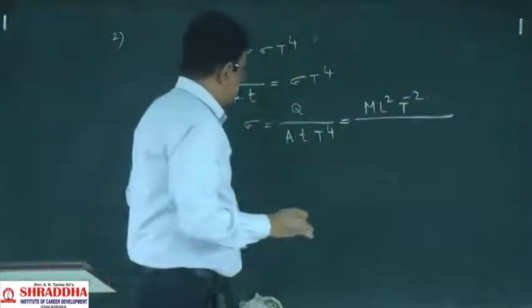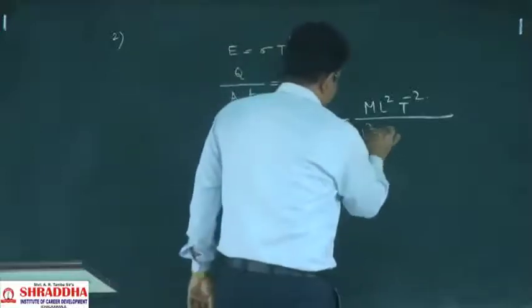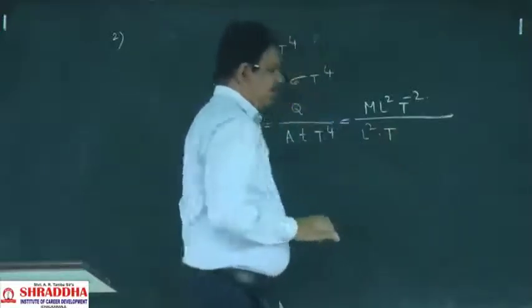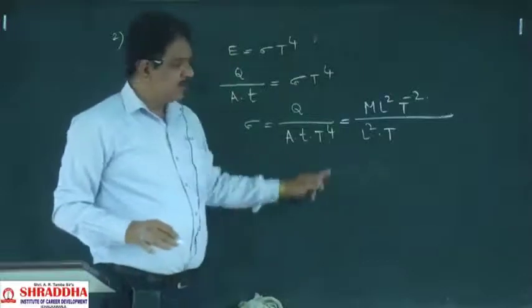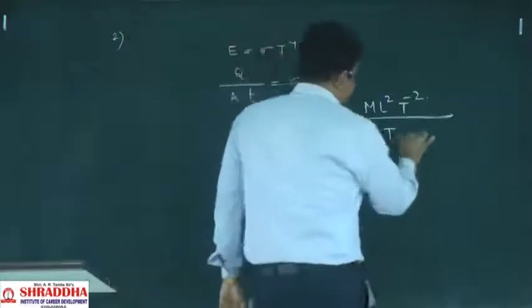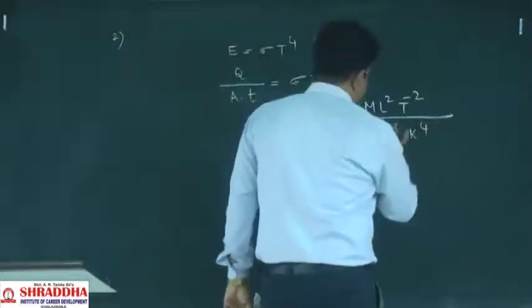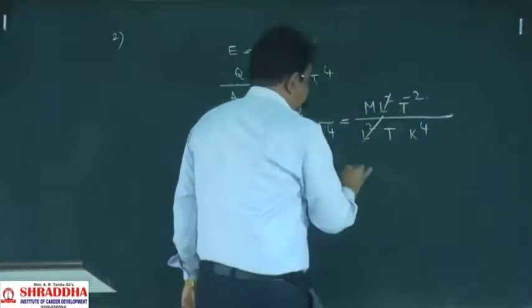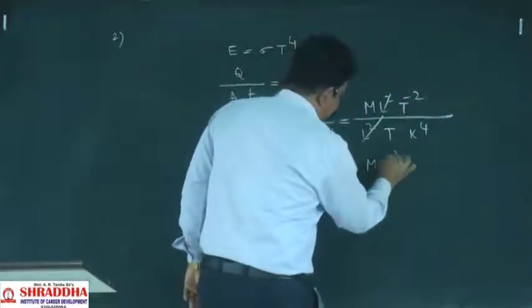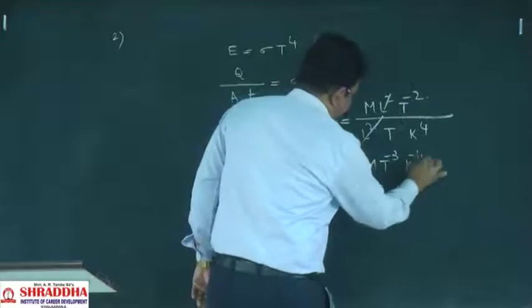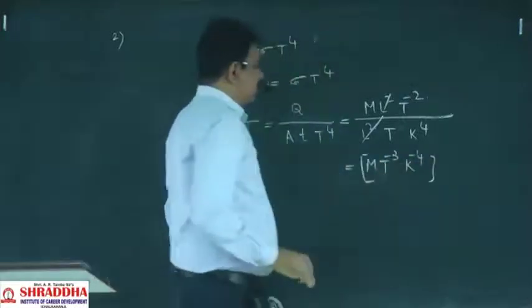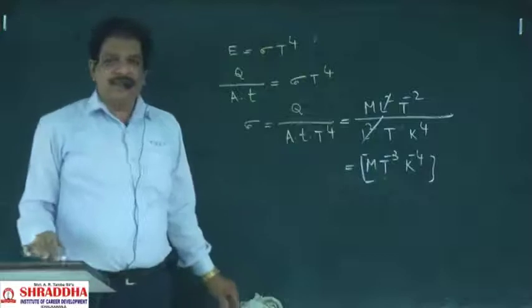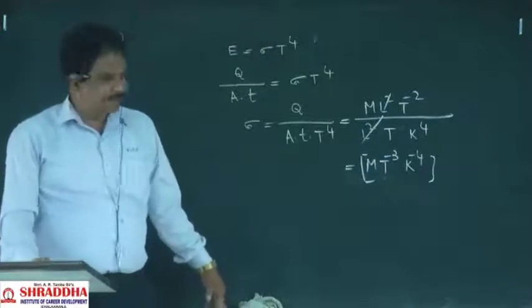2. A value will be L square. T value will be T. This capital T value will be K power 4. L square will cancel. M T power minus 3, K power minus 4 will be the answer for this.